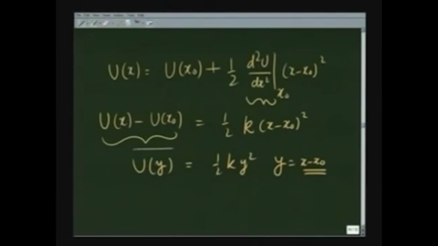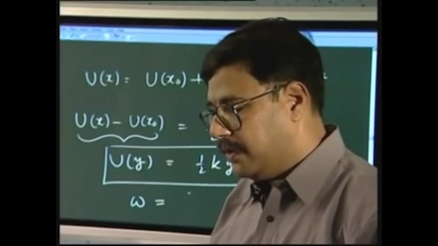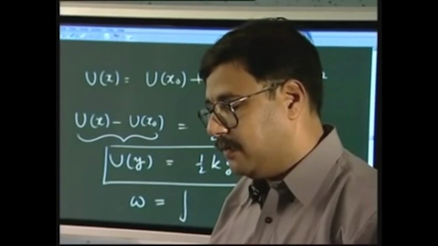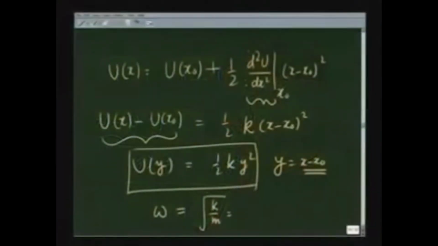You can see that the potential energy changes like a spring, and therefore any particle displaced from here would execute simple harmonic motion with the characteristic frequency square root of k over m, where k is given by the second derivative of the potential energy, so this is the square root of 1 over m times d²u/dx² at x0.